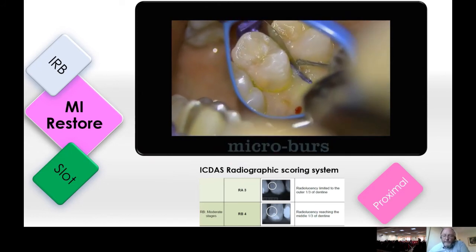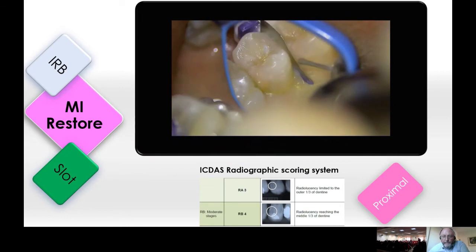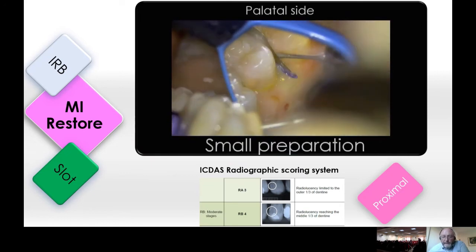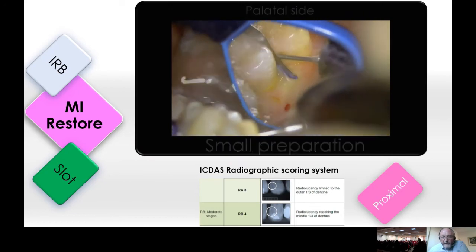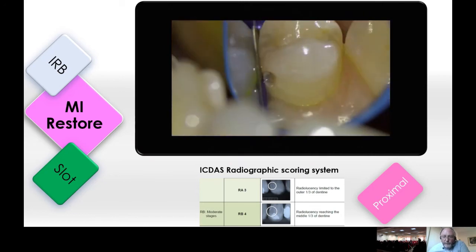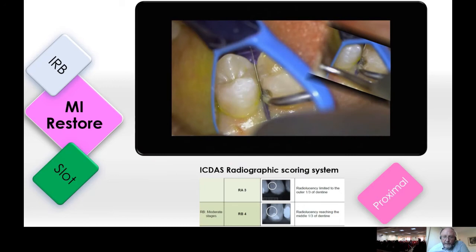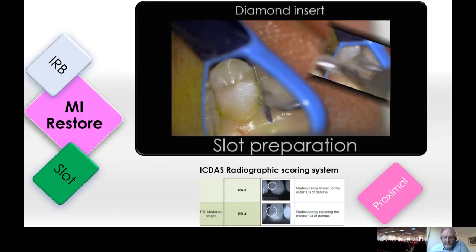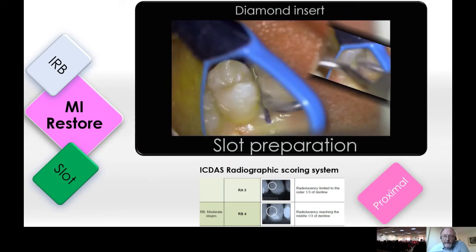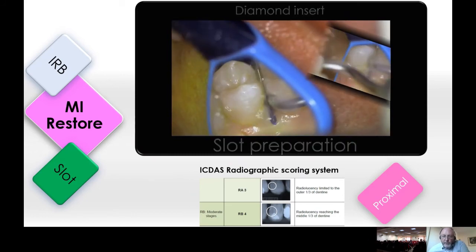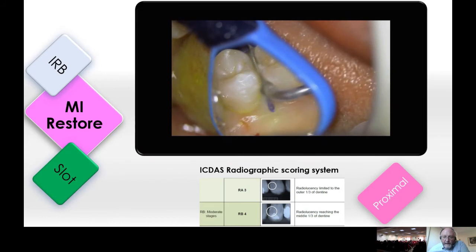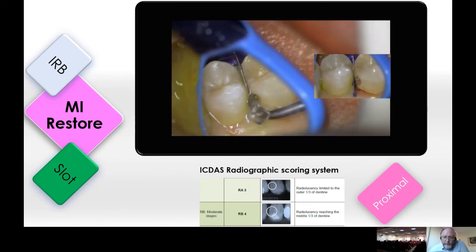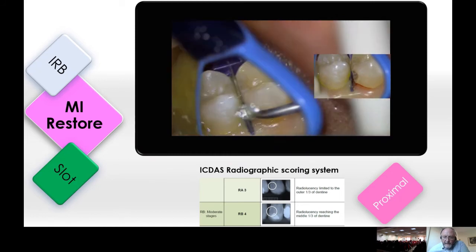And then we use very small burs, and we put a protection in this interdental space. So as soon as we have made the first approach, we use a specific insert, a half round insert, and then we will preserve the marginal crest and go inside, and then clean and find the point of entry of the caries.